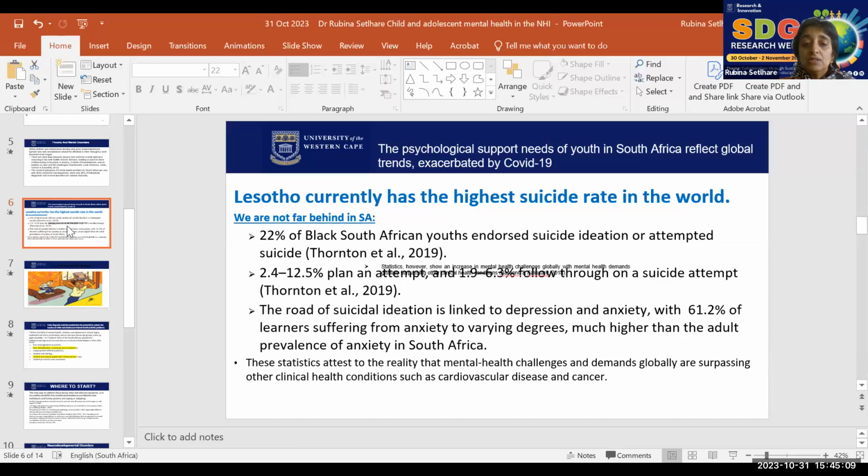So this is just bringing to us the statistics. The aim of me using these statistics is not to shock people, but to bring to our awareness how dire the need is for the NHI to actually include the child and adult mental health in their actual plans.